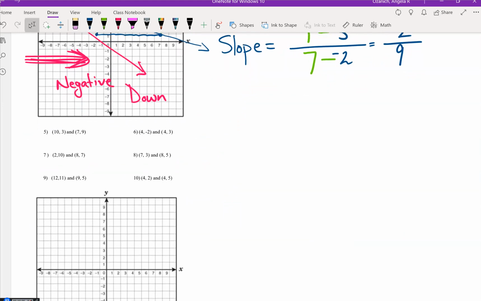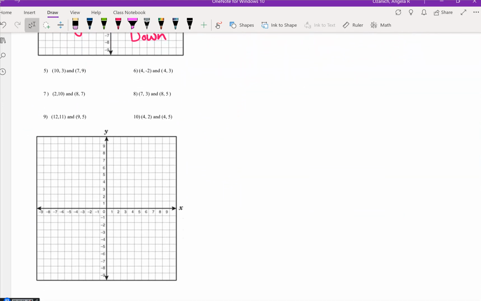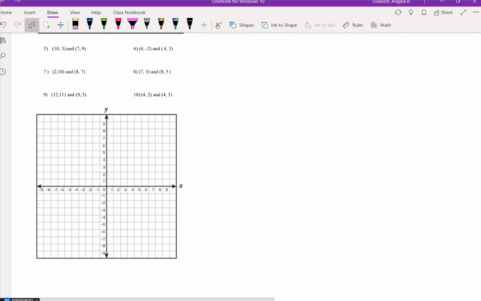Now, on the pages that you're going to be working through for your homework, you are going to see points like this where I want you to find the slope. And this is what I would like you to show me. I would like you to show me subtracting your y values. So I'll do one more here with you.